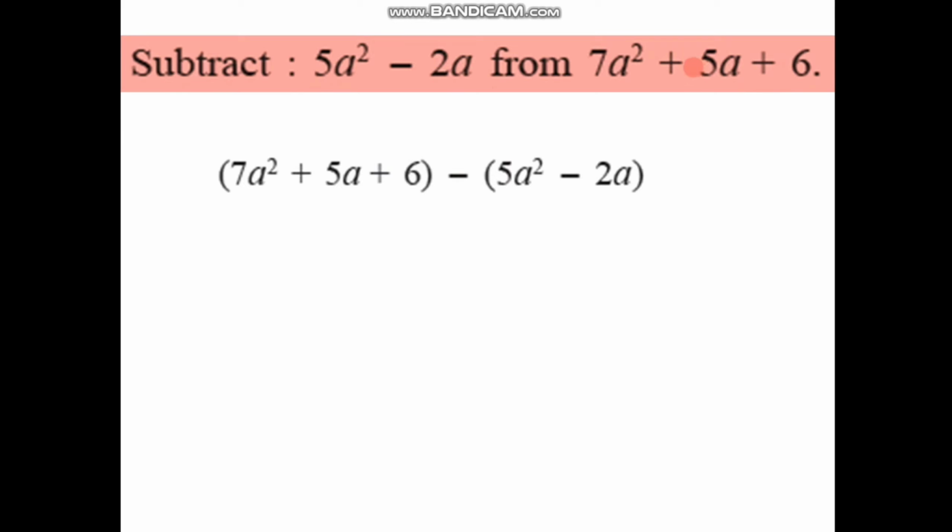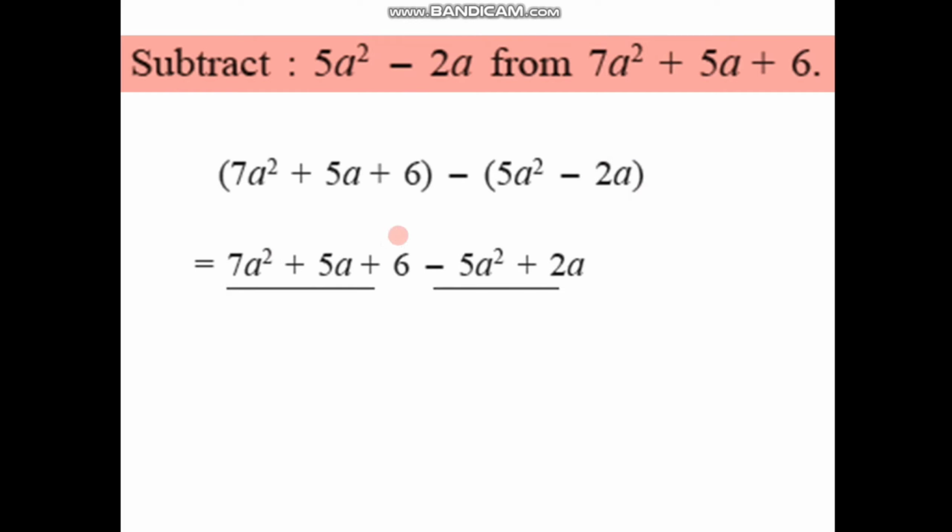That's why we have to write the second polynomial first, that is 7a square plus 5a plus 6 minus, we have to subtract the polynomial, so we should keep that in a bracket, that is 5a square minus 2a. One thing should be noted here, that the polynomial that we are going to subtract must be in a bracket.